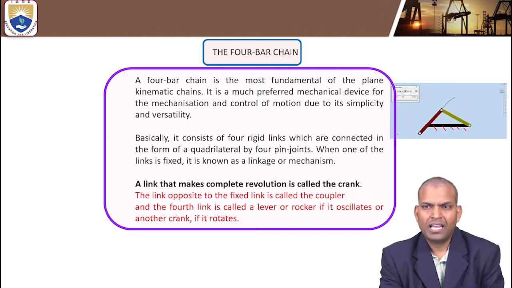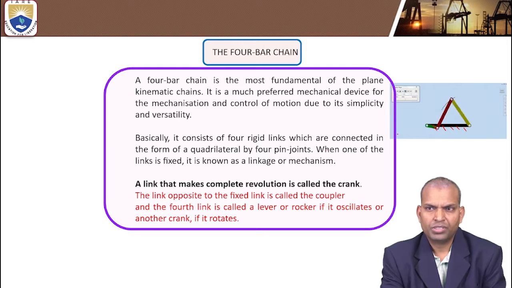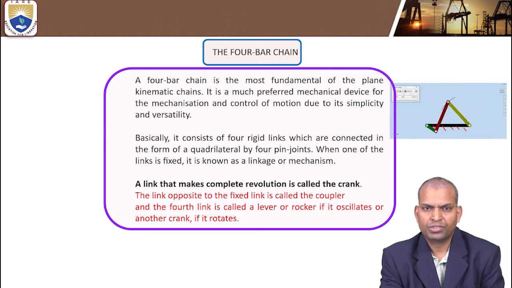Now, what are the names of these links based on the rotation or based on the particular state of the links? If any one of the links makes complete revolution, it is known as a crank. That means the crank element always makes complete rotation.